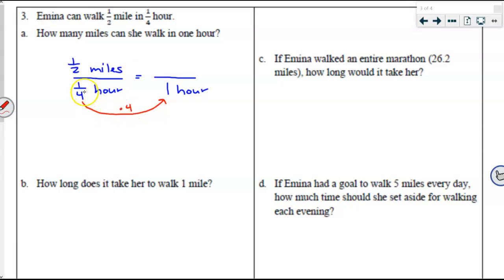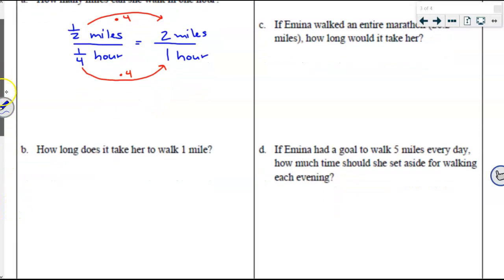If I have 4/4 of an hour, I have a full hour. So I just wanted to make sure that you can see that a little bit different way. When I have the option up here of dividing 1/2 by 1/4 or multiplying it by 4, multiplying by 4 is easier. It's something that I can do in my head. So 1/2 of a mile times 4, that ends up being 2 miles per 1 hour.